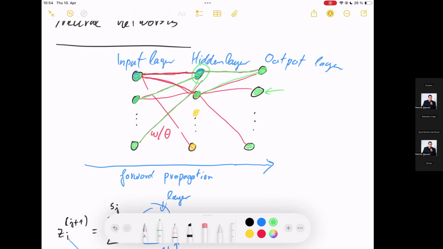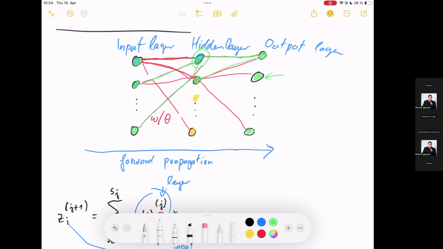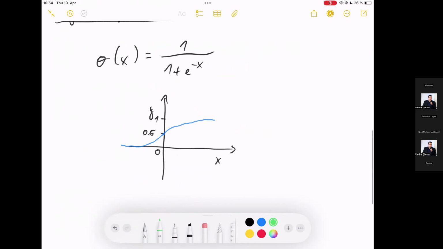So we don't put this in the activation function. We just leave the value as it is. But if we're interested in classification, and that's what we are doing today, we also use the activation function for the output layer.